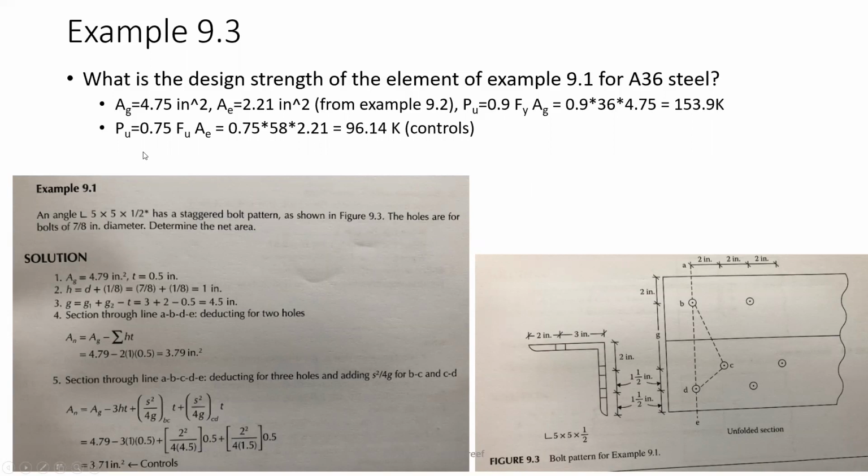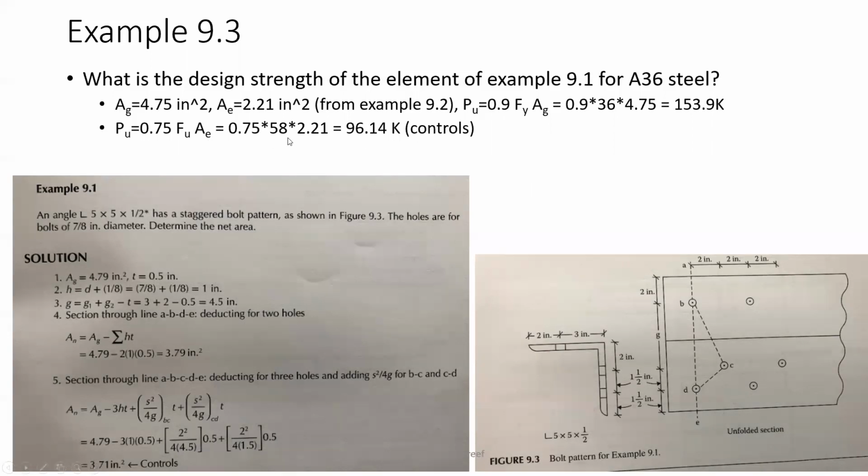Then the second one is the ultimate, the rupture at the net area, which is 0.75 times FU times effective area. So it's 0.75 times 58, and that's the ultimate value, times 2.21, and that gives me 96.14.